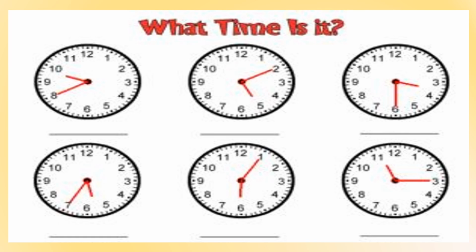Here the hour hand is between 9 and 10, just near to 10, and the minute hand is on 8. So what is the time? If you're writing in digital form, first you will write the hour time, that is 9. It is not exactly 10, it is just near to 10.